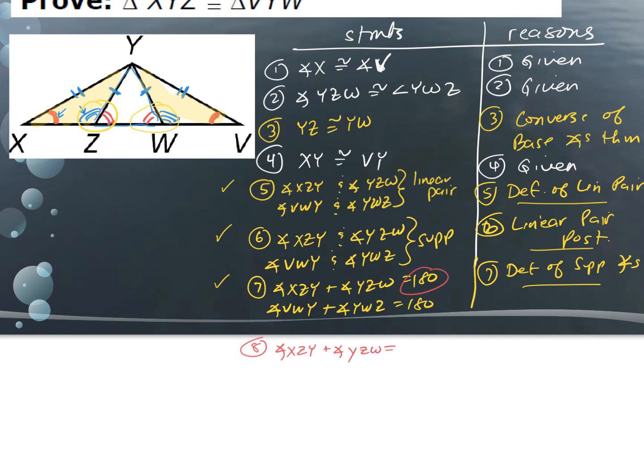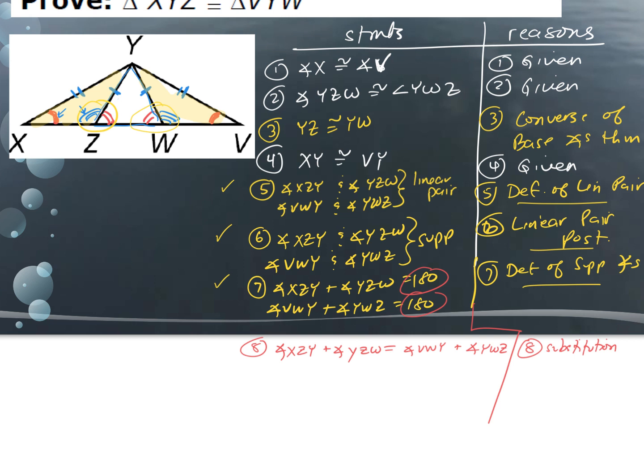So instead of both of them equaling 180, I'm going to say that angle XZY plus angle YZW equals angle VWY plus YWZ. And that reason is going to be substitution. So I'm just substituting one of them in for 180 degrees.